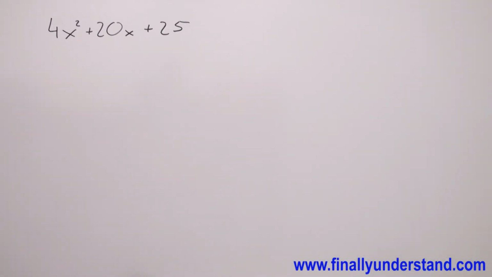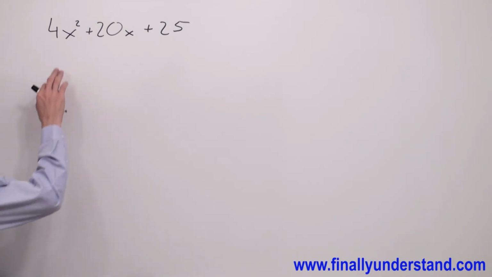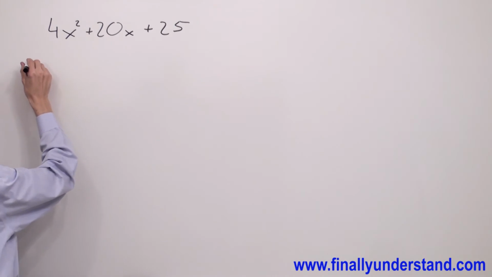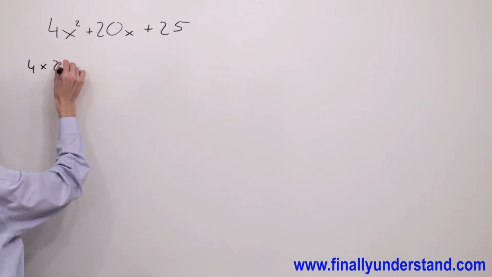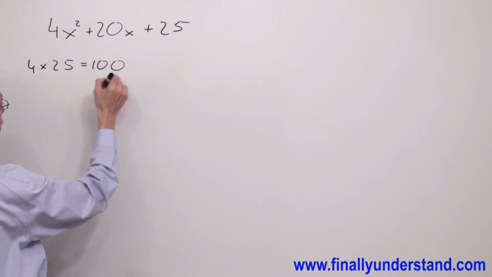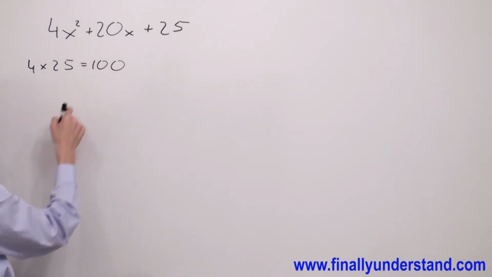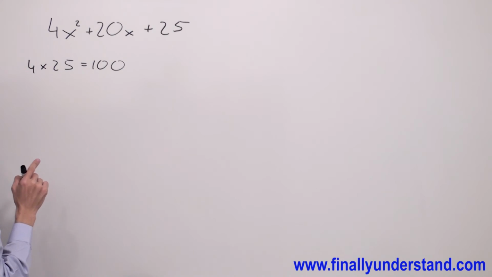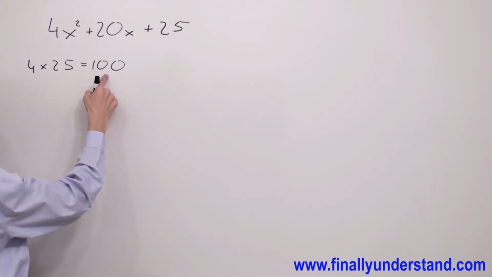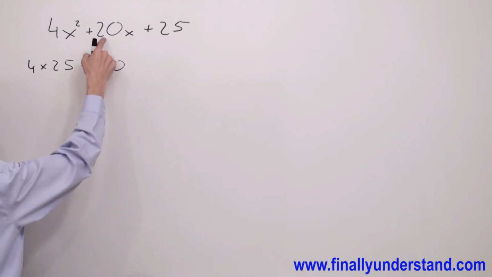Let's take a look at the second example. Again, we have to multiply the leading coefficient by the third term. 4 times 25 is equal to 100. Next, I have to find two numbers which multiplied by each other are going to give me 100 and added to each other are going to give me 20.